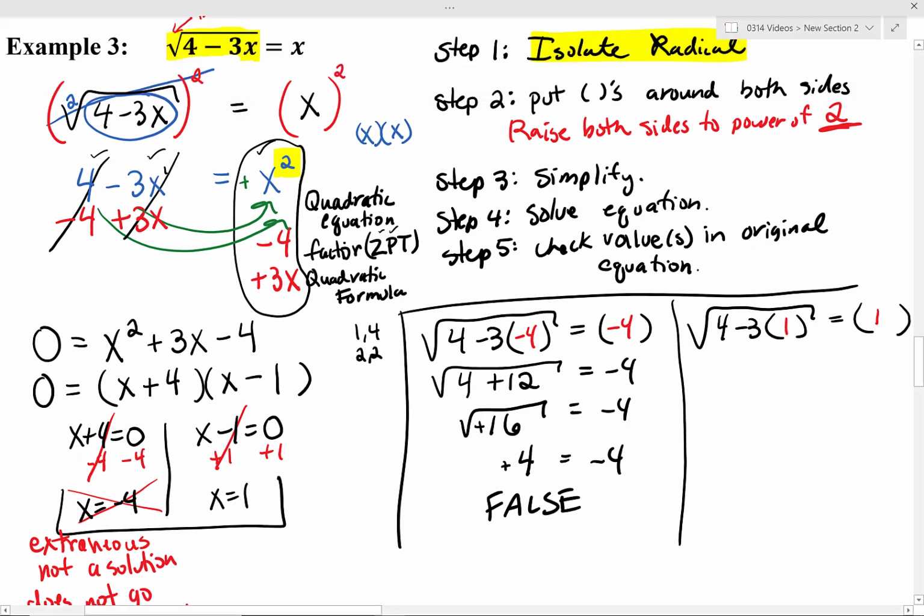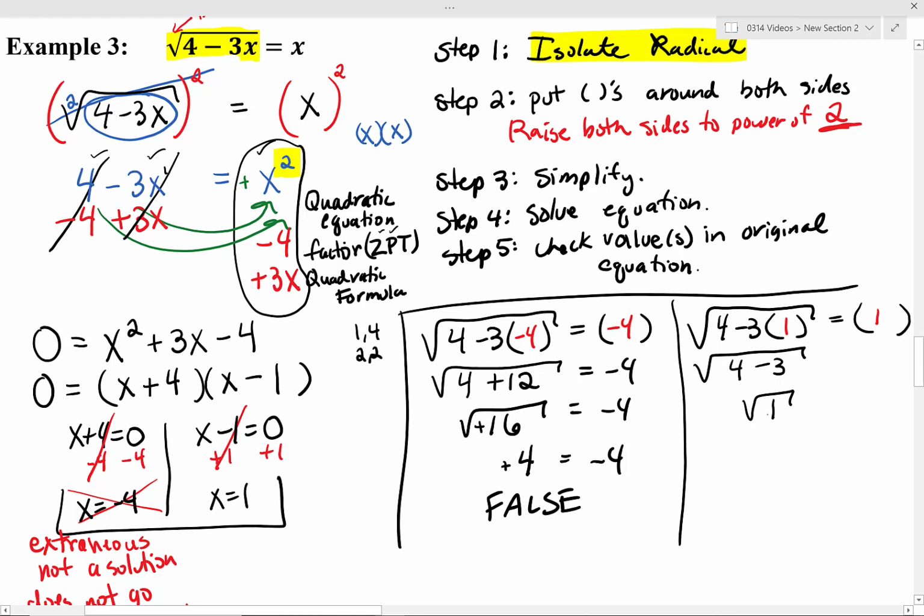We have to simplify everything underneath the square root using order of operations. First I would do the multiplication underneath: -3 times a +1 is -3. Bring down that 4. 4 minus 3 is 1. You still have that square root, so make sure you carry that on down.